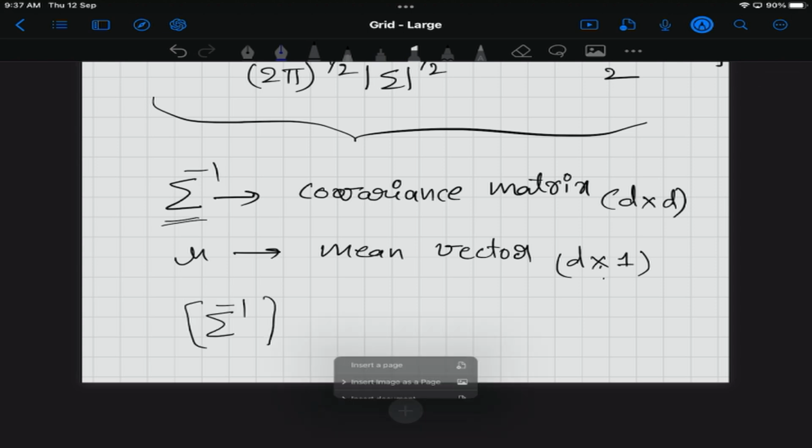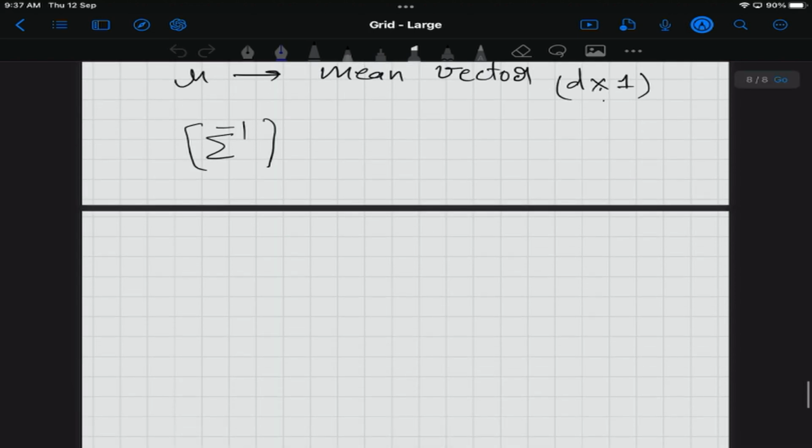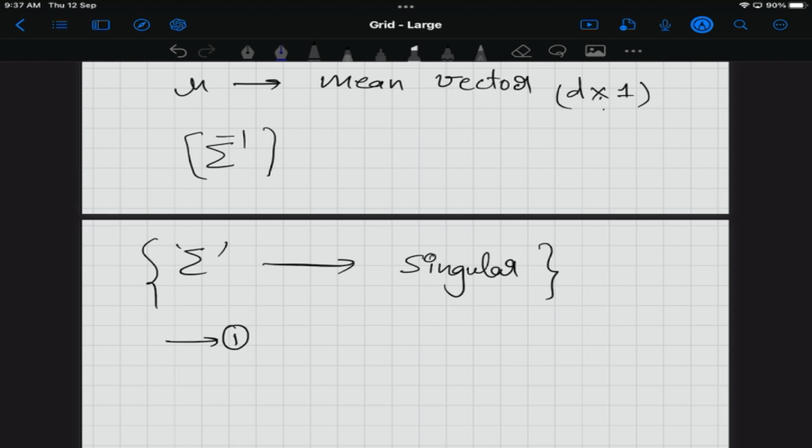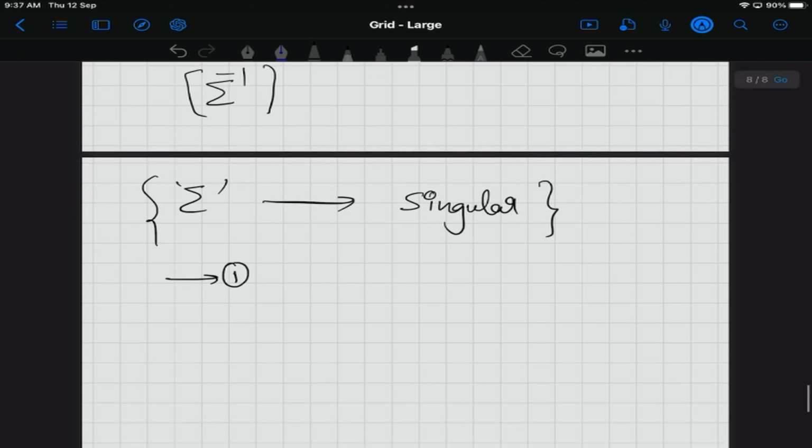Okay, maybe let me ask you this way. When will your covariance matrix become singular? What are the cases? Determinant is 0. Dependent, yeah, that's nice. Dependent, you mean what kind of dependency?